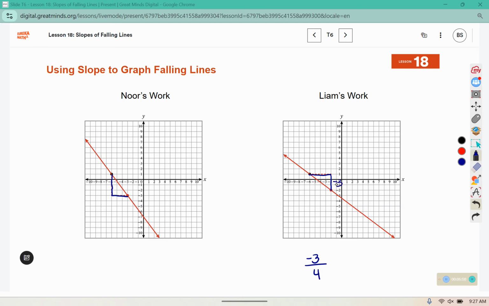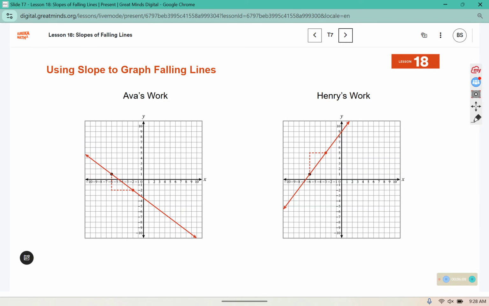He went down 3 and over 4. And Ava also went down 3 and over 4. You can see that they both ended up at the point -2, -2.